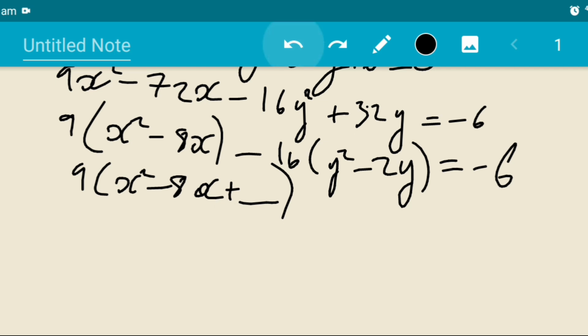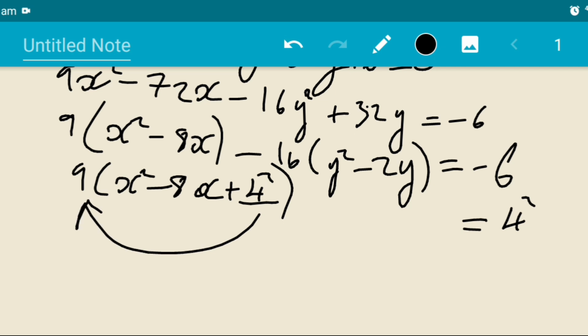Half of 8 is actually 4, so that's a 4 squared. Then whatever we've added on the left, we need to add on the right as well. We didn't just add a 4 squared, because this 4 which we've added here has to multiply with 9. If we added maybe a 16 here, this would be 16 times 9. So in this case, it is 4 squared times 9.